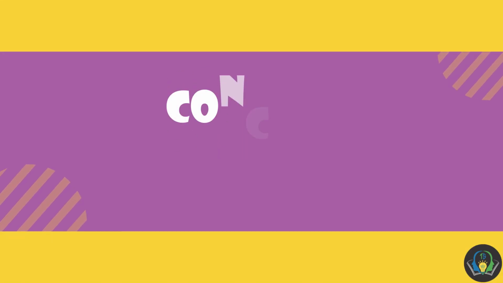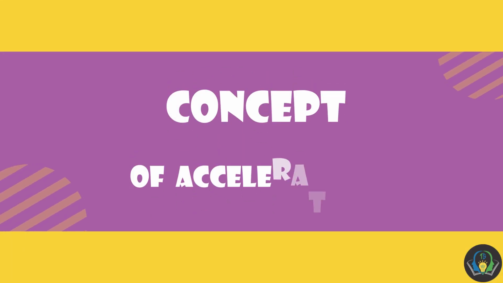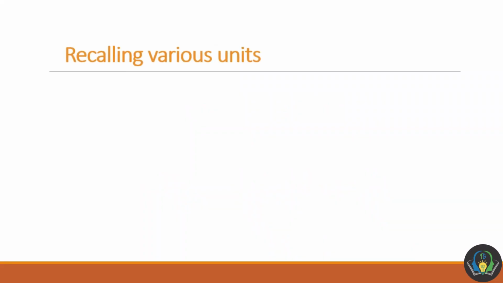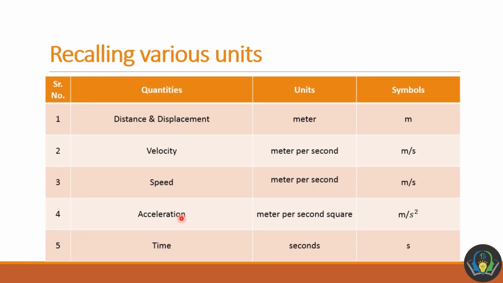Now we shall be going further in detail about acceleration. So let's get started. Now recalling various units, the very first is distance and displacement. That is measured in meters, and the symbol is small m.